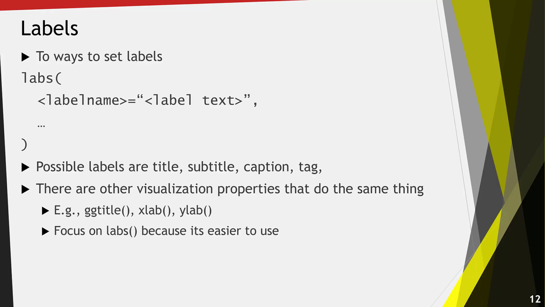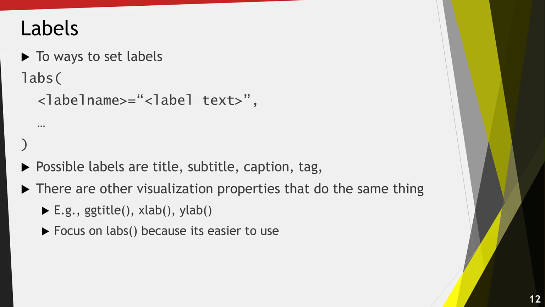So how are we going to add this information to our visualizations? Again, you set the labels using visualization properties. So these are additional functions that you'll add onto your visualization, again, separating them with the plus sign. There are two ways to set labels in your visualizations. The first, which I'll exclusively focus on, is the labs function. It's a function that takes any number of named arguments where you specify a label name, use the equal sign, and then put the text you would like in that label in quotation marks.